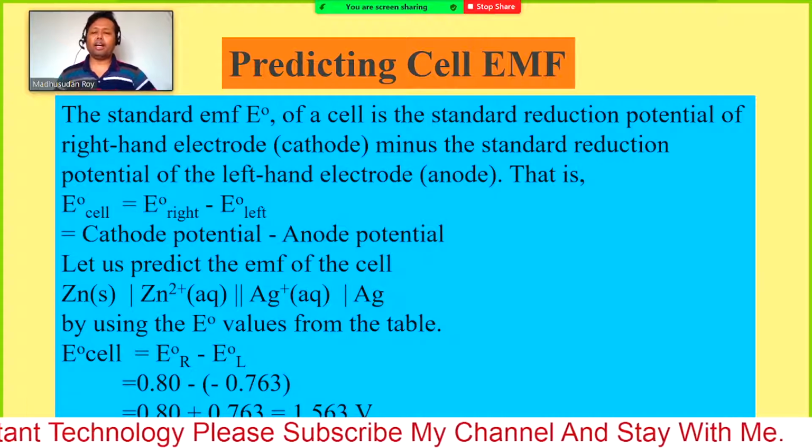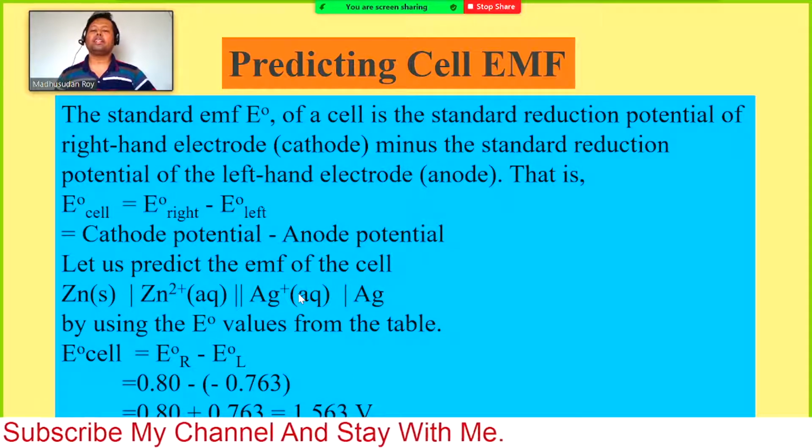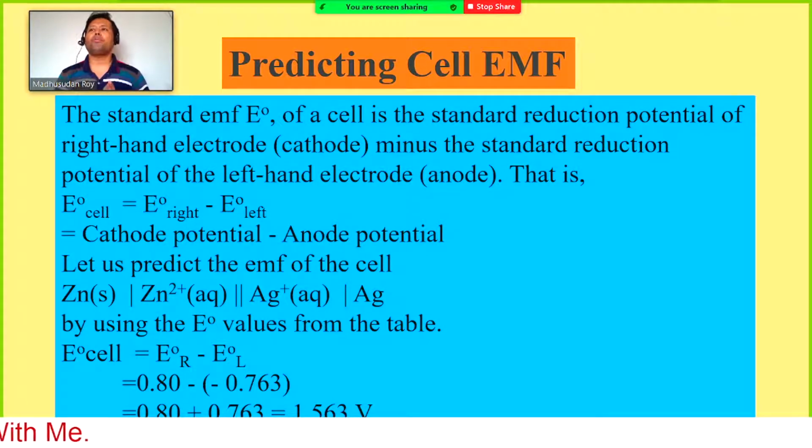And if the cell EMF is less than 0, then the reaction will not proceed by itself. So for the reaction to happen, you need to supply electricity from outside.